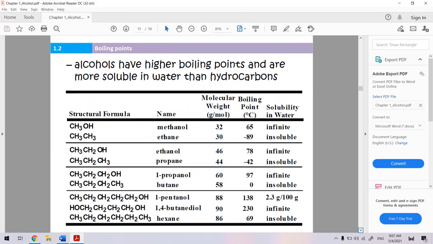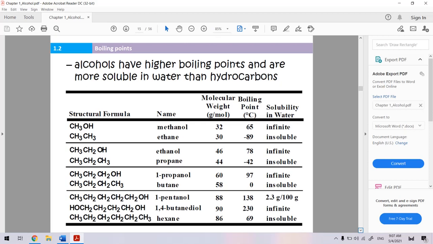Okay, let's take a look at what we call solubility. So the solubility decreases when the number of carbons in the structure increases. Okay.